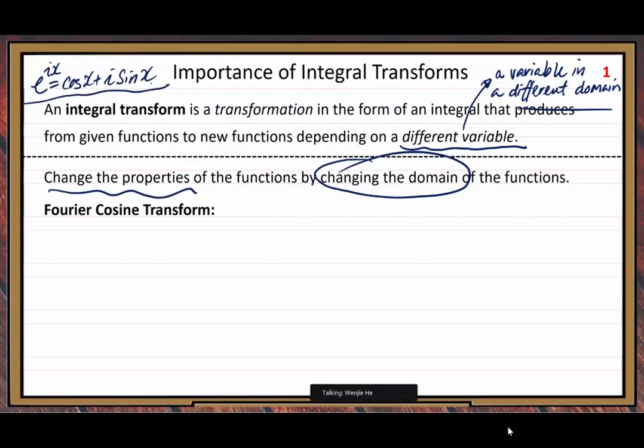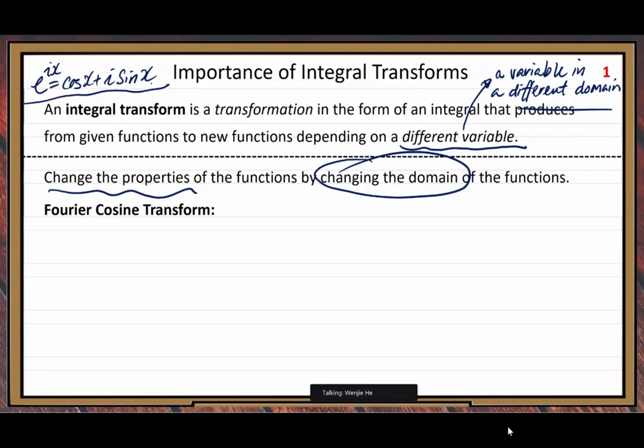Here we use both sine and cosine. The first transform, the Fourier cosine transform, uses the cosine function. The second one, the Fourier sine transform, uses the sine function. Because they're both related to the E function, you can naturally think we should probably use the E function, containing both a cosine part and a sine part, to pick up more information.